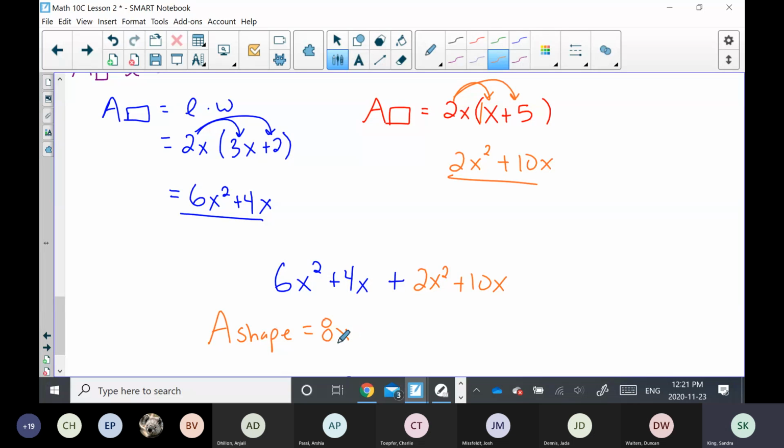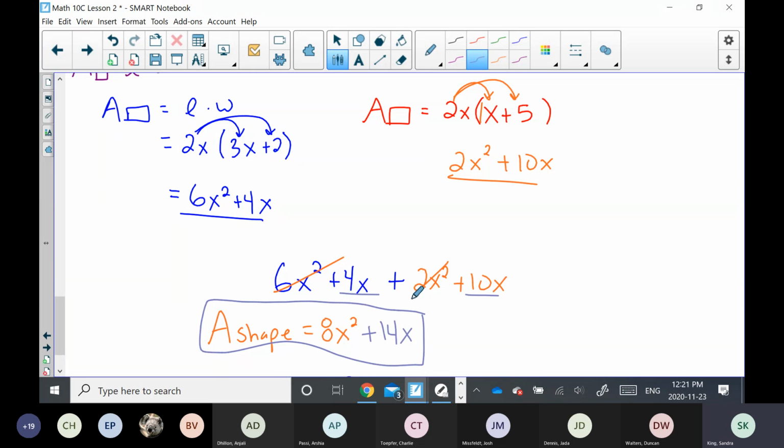That's 8x squared. And then I've got 4x's and 10x's to give me plus 14x. And that would be your area.